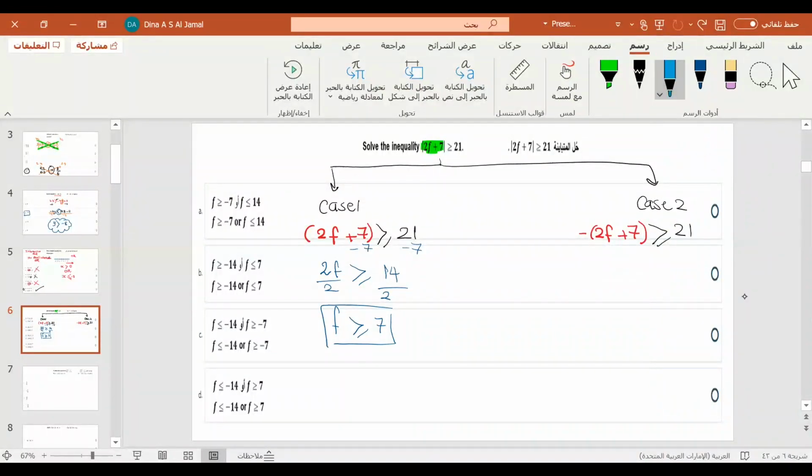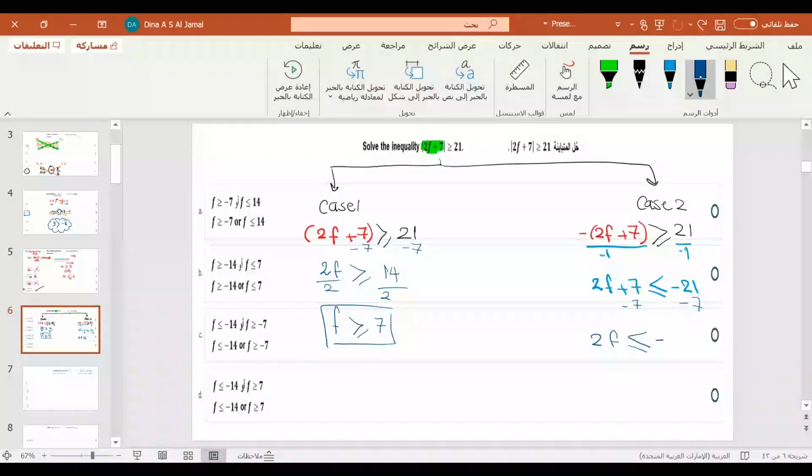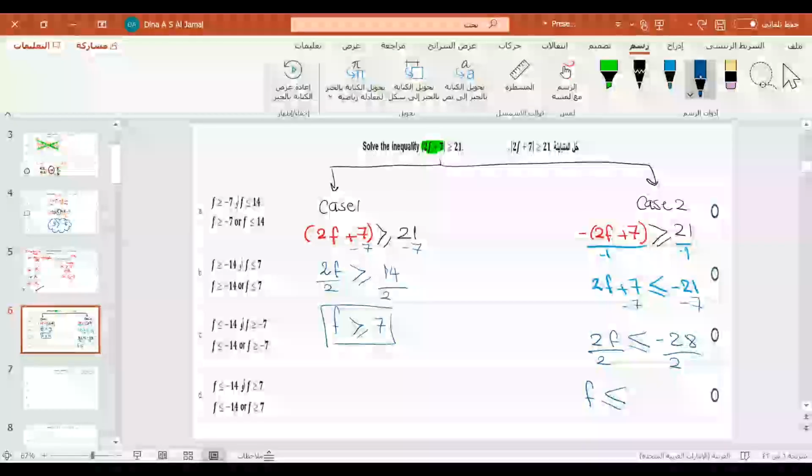You are having two choices, whether you divide by minus and change the sign from the beginning, or you do the distributive property, then later you will do changing the sign. So let's divide by minus and change it from the beginning. So 2f plus 7 less than or equal minus 21. That means I will be taking minus 7 both sides. 2f less than or equal minus 28, divide by 2, divide by 2. Now f less than or equal minus 14.